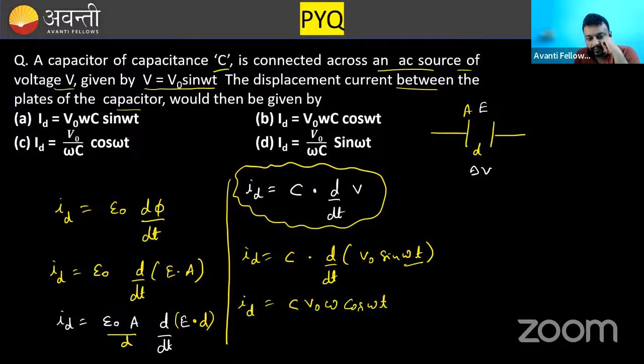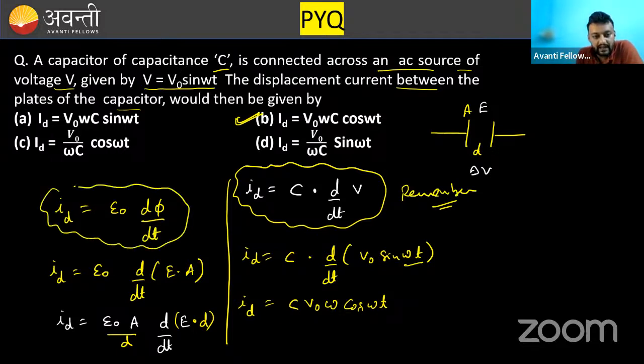So the displacement current is C V naught omega cos omega t, which is option B. Very good, Veena. Can you remember this relation, everyone? C dV over dt is the displacement current, and the original is epsilon naught d phi over dt. Clear. Next question.